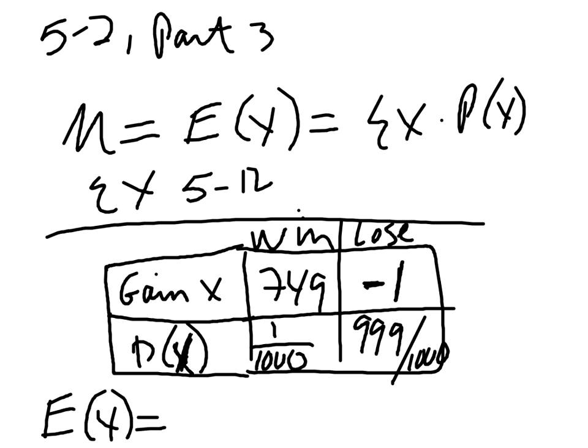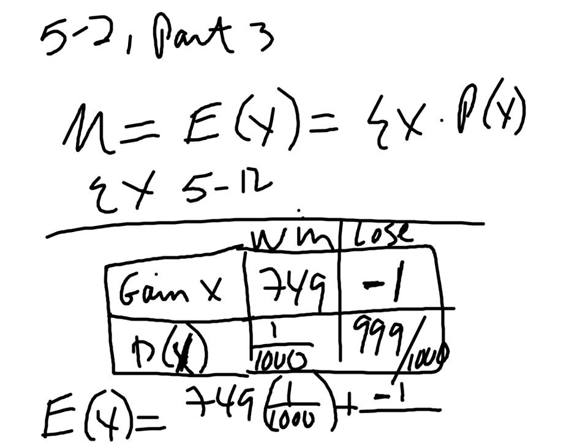In other words, this would be our win, which would be 749, and its probability is 1 out of 1,000. And then I'll use a plus a minus 1 times 999 over 1,000. Let me just start that again up on the top of the next page.